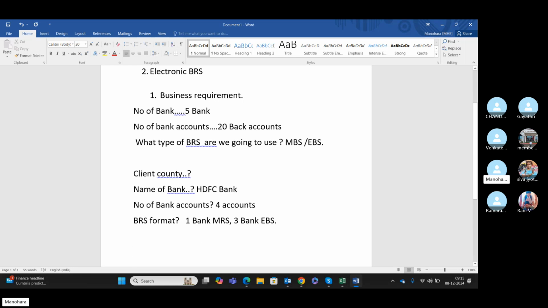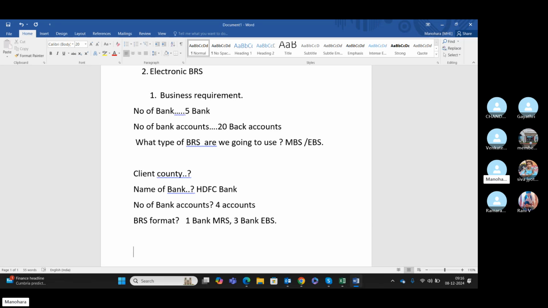Out of 4 accounts, for one account I will use manual BRS and the other 3 banks use electronic BRS. Because for that one bank I have fewer transactions. If you use electronic BRS, you need to pay some charges to the bank, so it is very costly. Manual BRS has no cost, so we can save the cost.